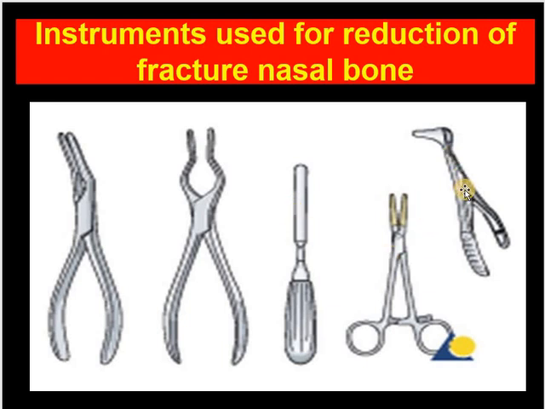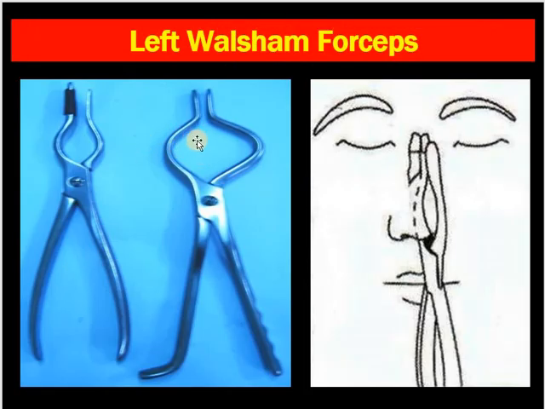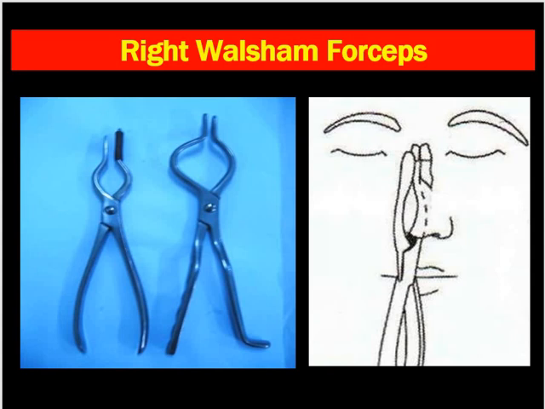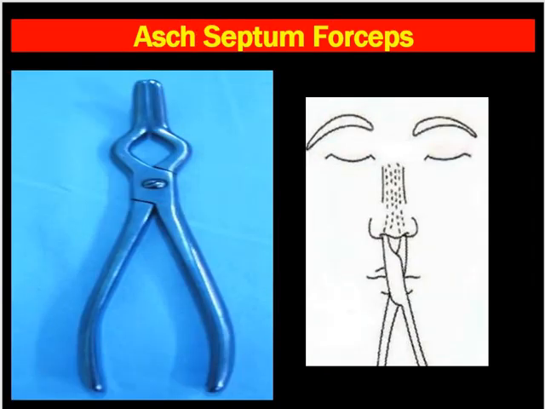And this is the nasal speculum, so you have to look inside the nasal cavity. The left Walsham forceps, right Walsham forceps, right-sided. Then Asch septum forceps, we already told that the septum also needs to be elevated. First lateral wall, then septum to make it in the midline.